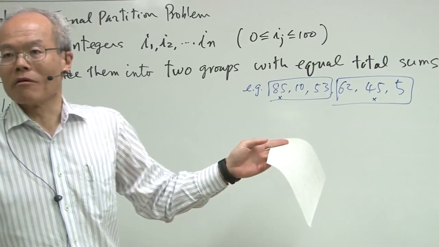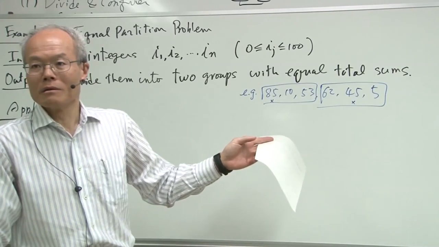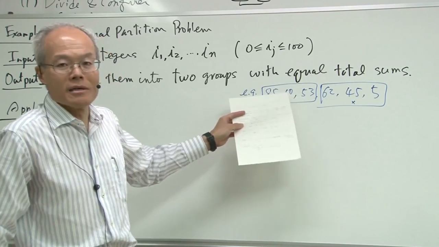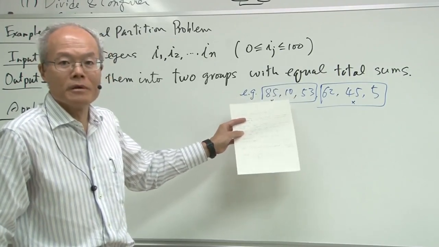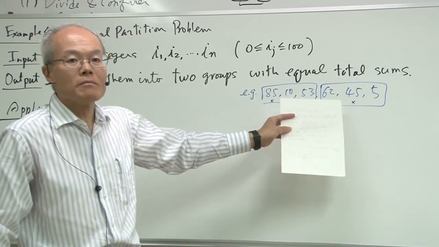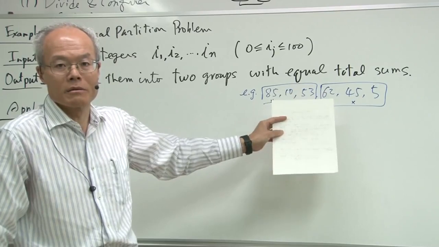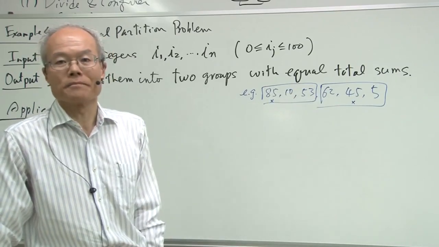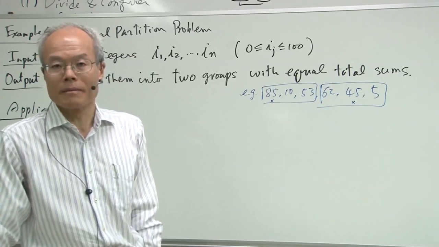But this is obvious: it doesn't work. Okay? There is no such partition for this group or that group. But actually, we do have a good partition for the whole set. So this is not a good idea. It's impossible to use divide and conquer.